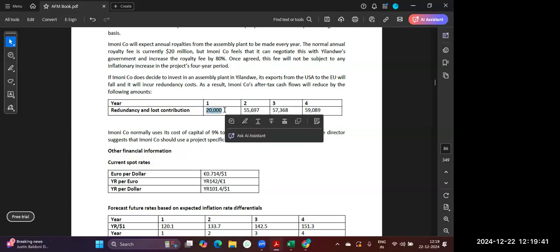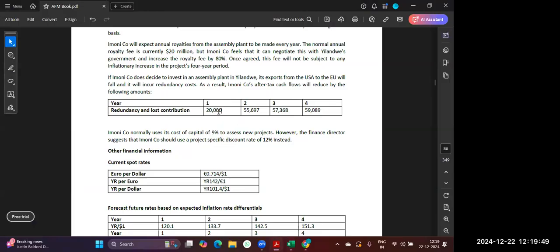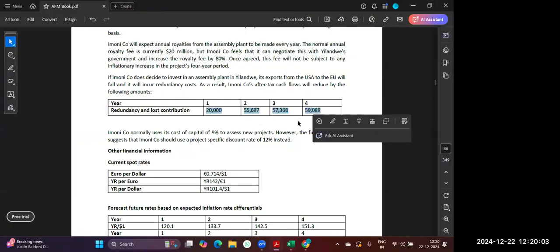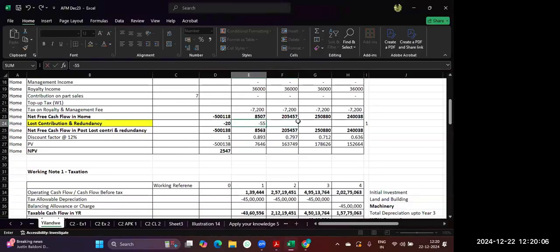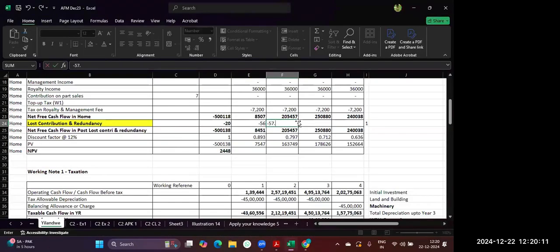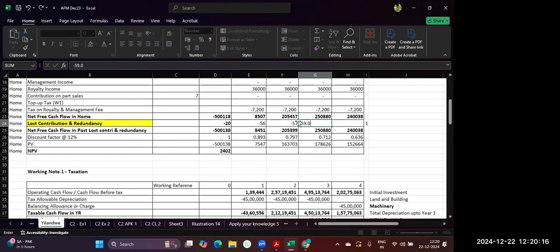How much will it go down by? 20,000 in first year. It is not 20,000. Understand this thing. These are already absolute numbers. Understood? So if I have to work it out in 1,000, it would be 20, then minus 55.69, then minus 57.36, then minus 59.08.